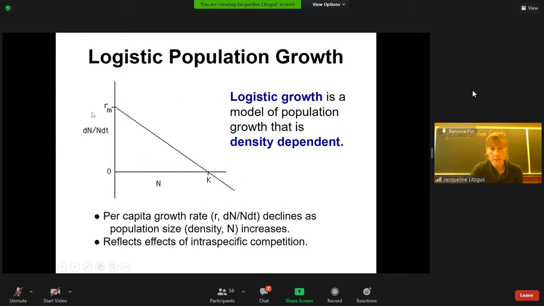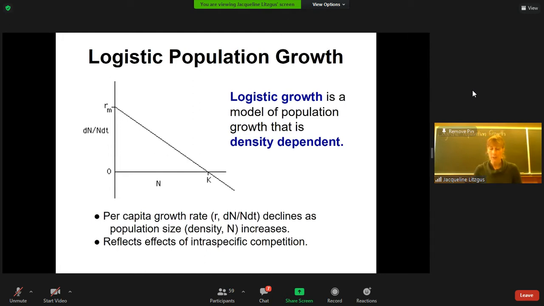So we have dN over N dt on the y-axis, and population size on the x-axis. That population size is a measure of population density, a measure of population abundance. And r is going to get smaller as N gets bigger. This is a reflection of intraspecific competition.